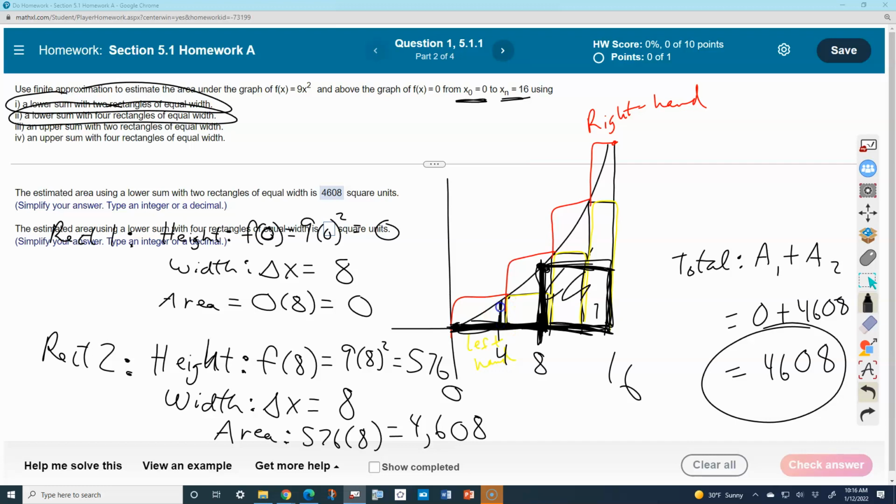And then my second one's going to start at 4 and go to 8. My third one's going to start at 8 and go to what? To 12. And then my fourth one's going to start at 12 and go to 16. So I've got these 4 rectangles instead of the 2. I've got 1, 2, 3, 4 rectangles.